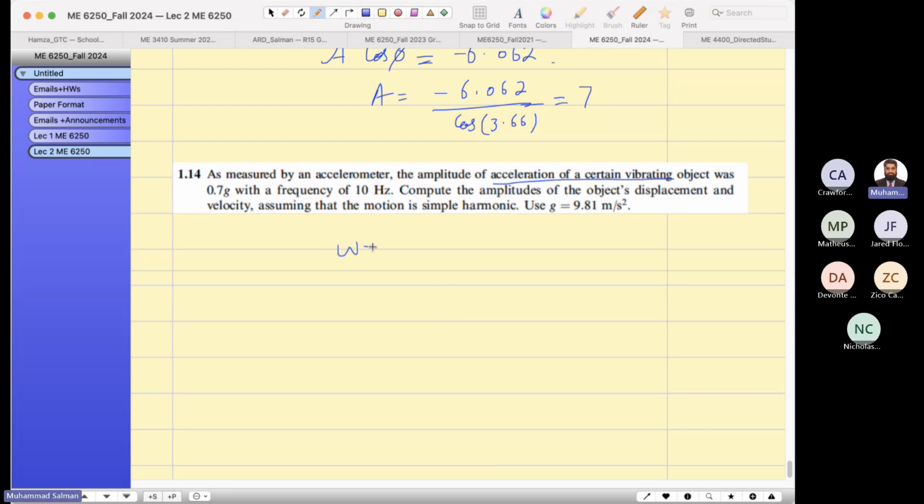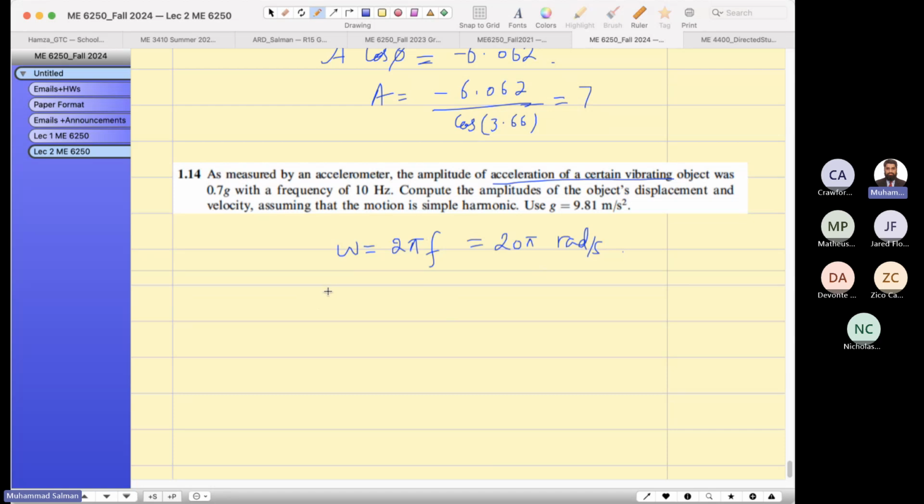So omega equals 2 pi f, 20 pi radians per second. So amplitude of acceleration. Let me show you the acceleration.